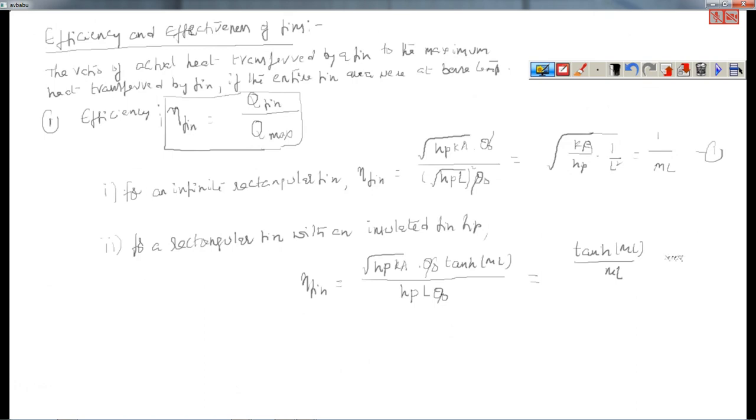So this is the case for a rectangular fin with an insulated tip. These two equations, you just remember.